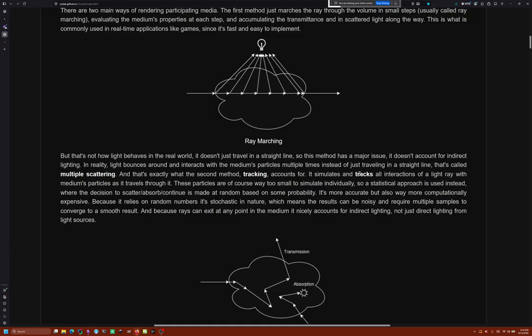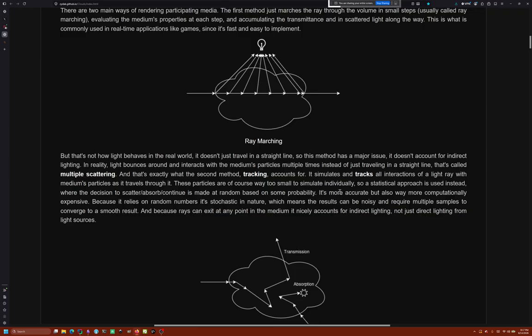It simulates and tracks all interactions of a light ray with the medium's particles as it travels through it. These particles are, of course, way too small to simulate individually, so a statistical approach is used instead, where the decision to scatter, absorb, or continue is made at random based on some probability.